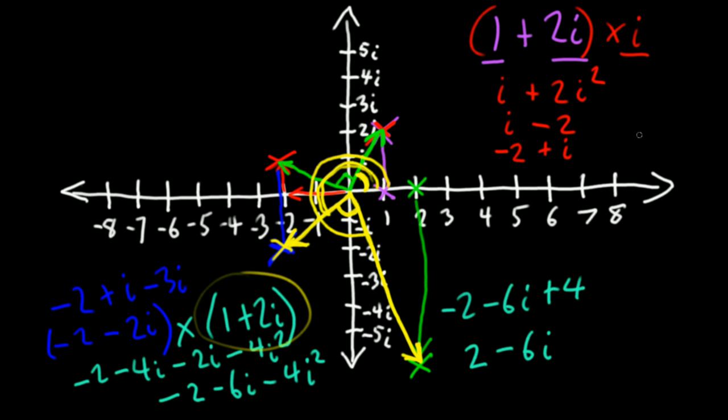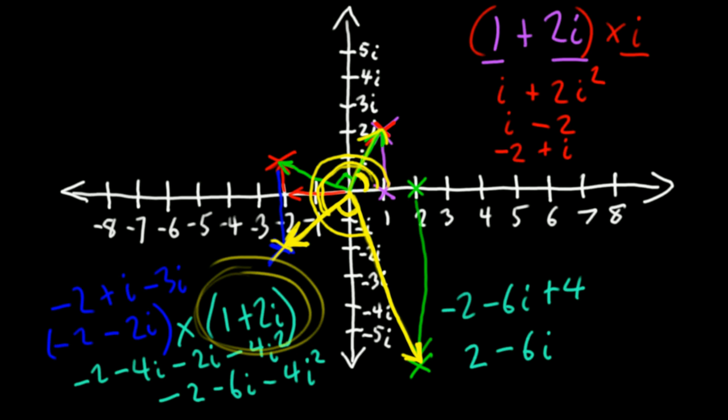We scaled by the magnitude of this vector 1 plus 2i. This number 1 plus 2i has a magnitude greater than 1, so that means we scaled it. Its distance from the origin is greater than 1. So we scaled it, and the number here became bigger when it was multiplied by the number over here.